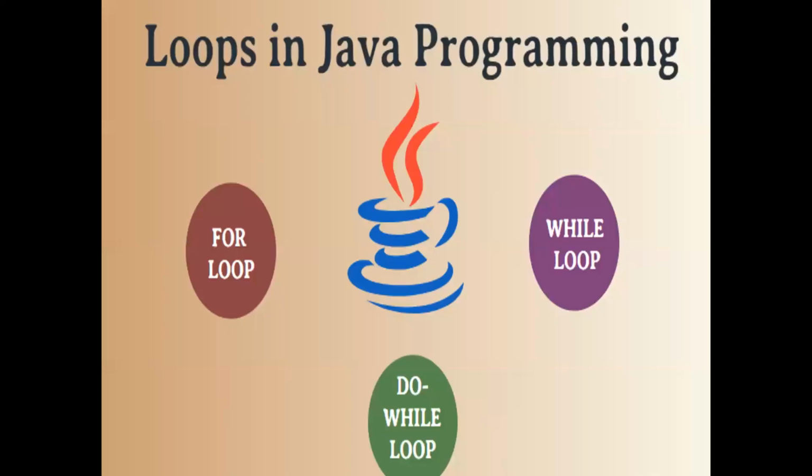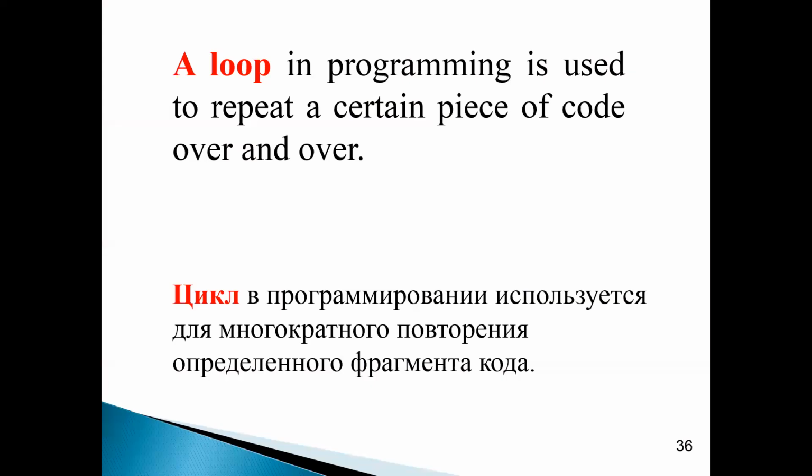Okay. Next question, guys, loops in Java program. They are for loops, while loop, do while loop. A loop in programming is used to repeat a certain piece of code over and over.